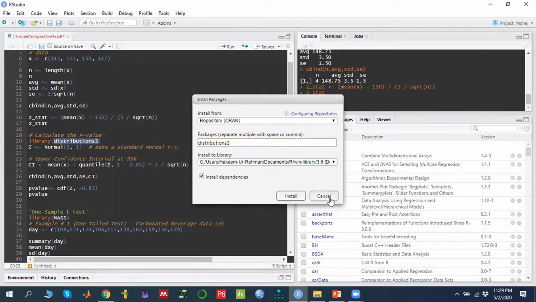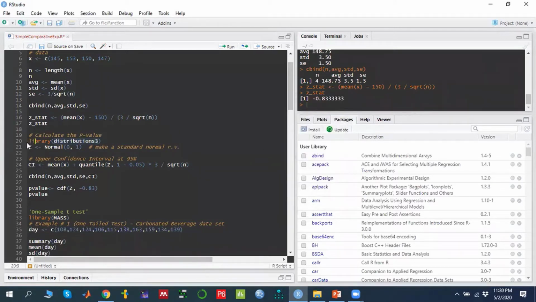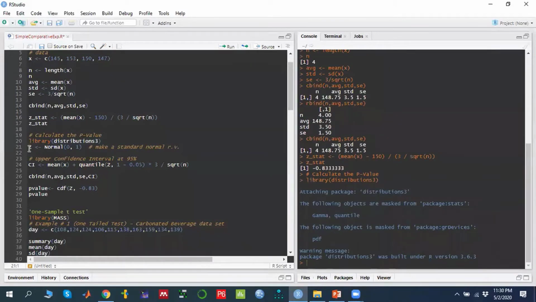Once you install this package, then you need to call it. For calling the package, you can use the function called library.